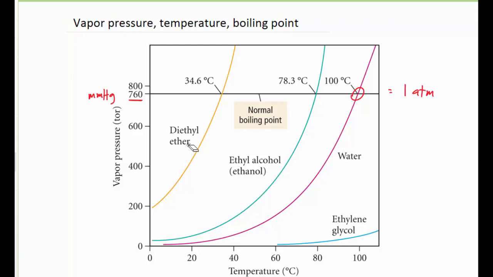Ethanol and diethyl ether are compounds that have significantly weaker intermolecular forces. Okay. So let's look at just like 25 C. Let's draw a dotted line over here.